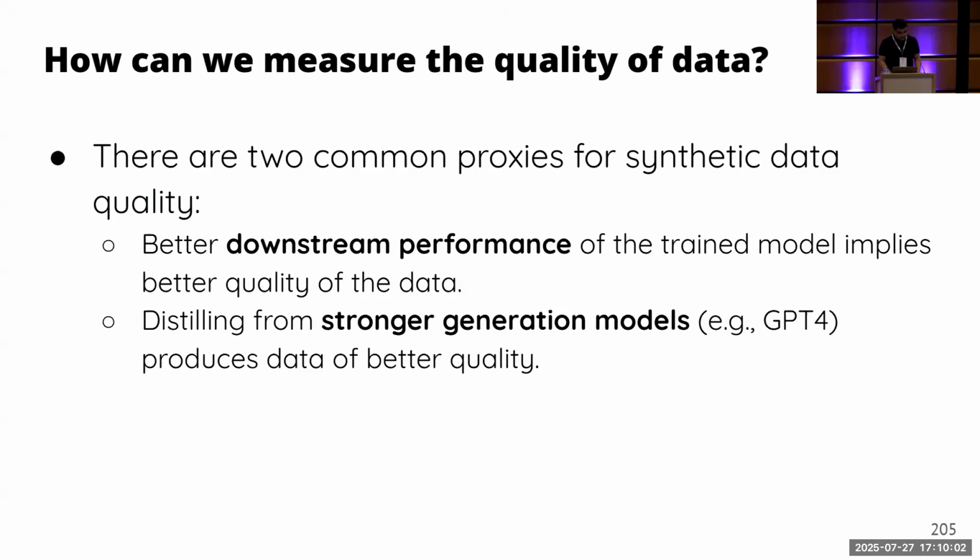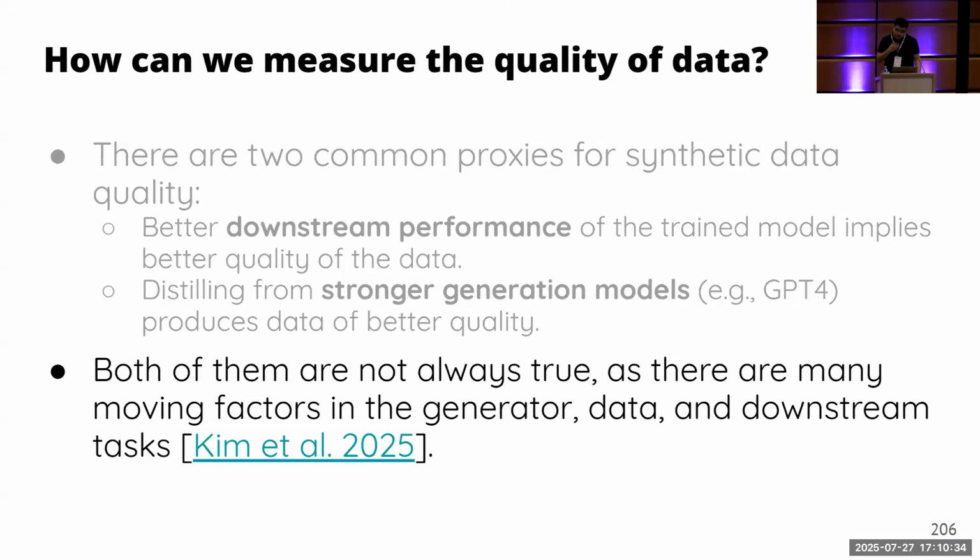In most practices, people mainly have 2 assumptions about data quality. The first assumption is that if the model being trained gets better downstream performance, we simply believe that the training data has better quality. Secondly, some people believe that if the data is distilled from or generated by a stronger base model, the data might be of better quality.